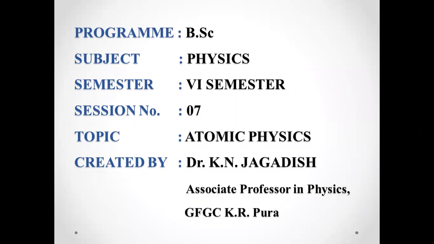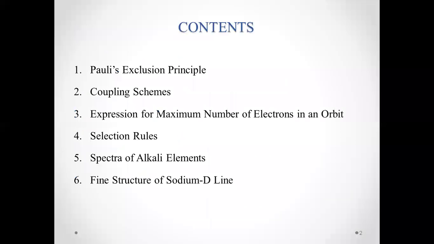The contents of this session are as follows. First, we will be discussing the Pauli's exclusion principle. Next comes the coupling schemes. Third is the derivation of the expression for maximum number of electrons in an orbit.